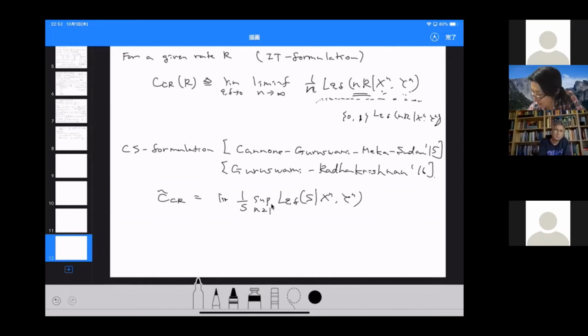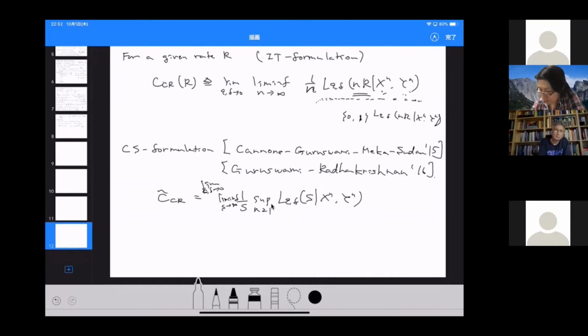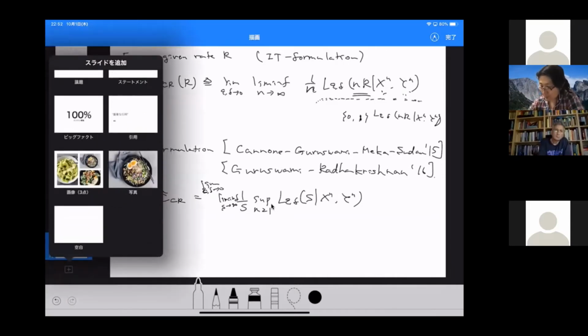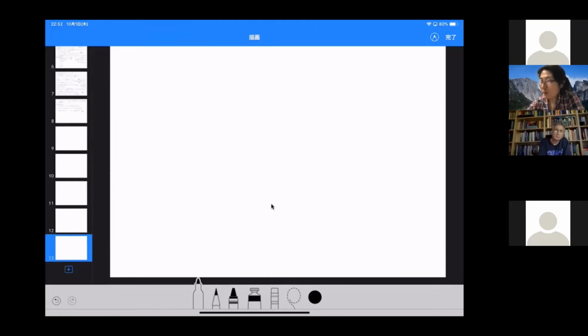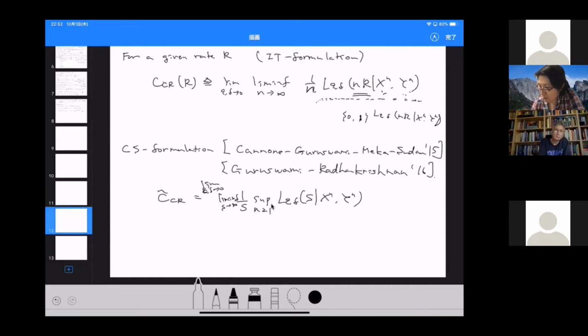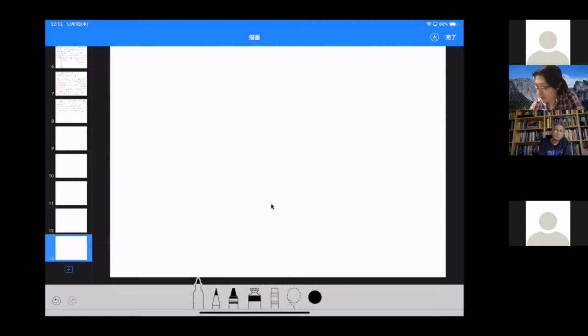We take the limit of communication cost, and we take epsilon delta to 0. Okay. So this common randomness problem has been solved in the literature.